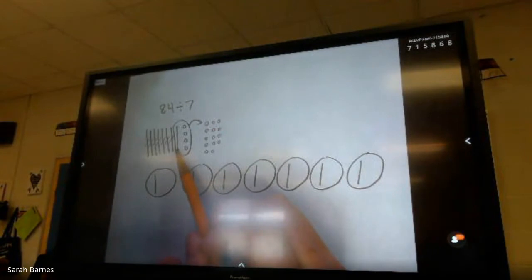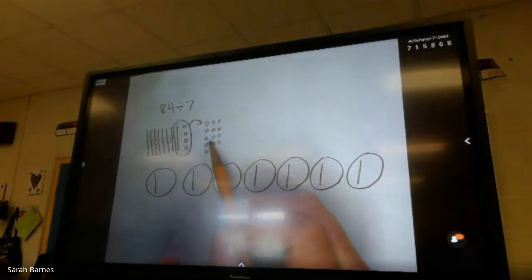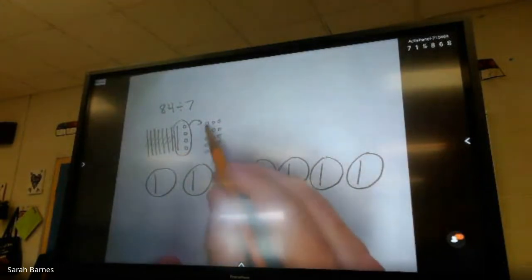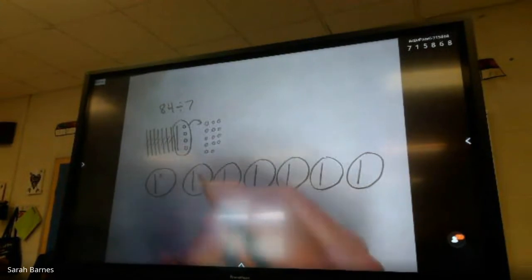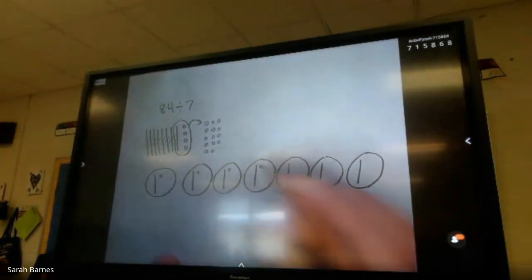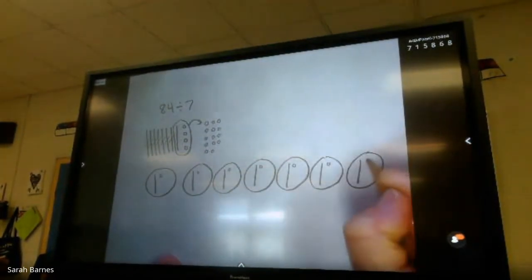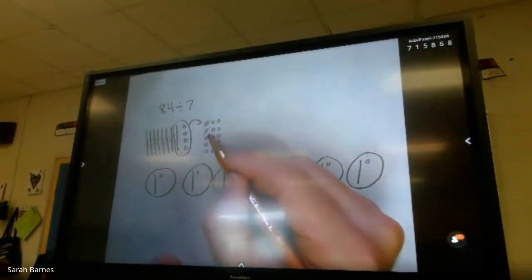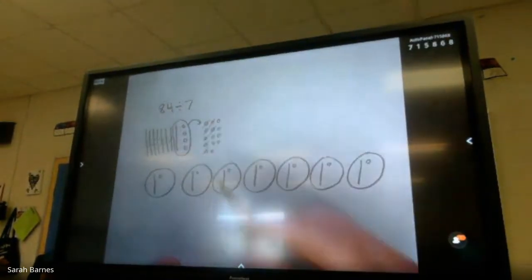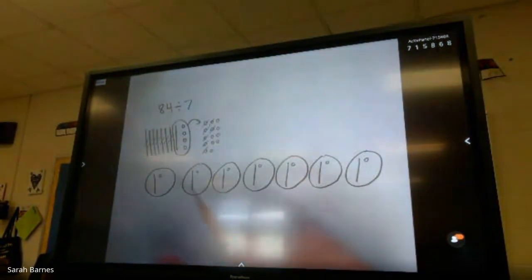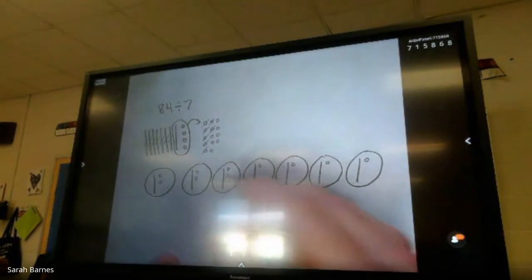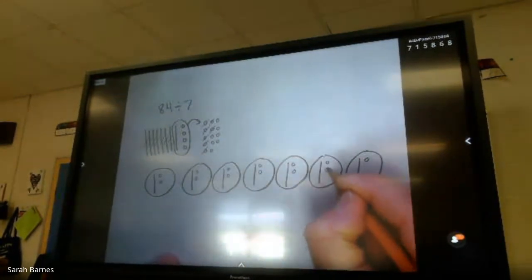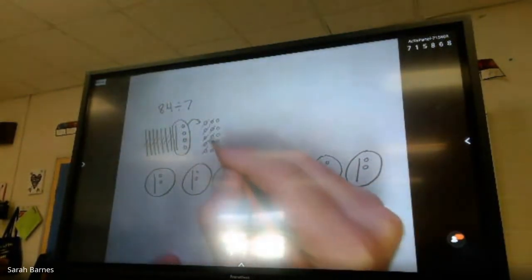But now that I've regrouped that 10 as ones, I'm able to share with my 7 groups. Let's start by sharing one with each group. I've shared 7 of my ones, and I have 7 left. I'll share a 1 with each group again.